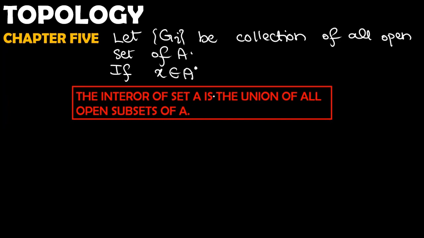If X belongs to A interior, then there exists i naught for which Gi naught is a subset of A, and Gi naught is a subset of the union of all Gi.